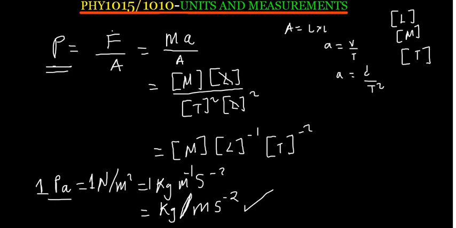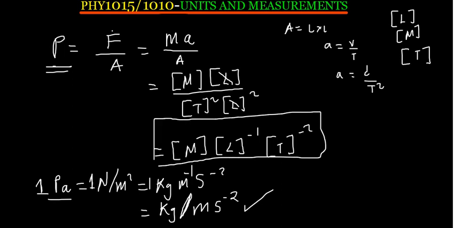Now, from the dimensions that we've determined here, since the dimensions are also able to tell us the unit of something, 1 Pascal, which is the unit for pressure, is going to be equal to the unit given by these dimensions. Mass is given in kg, length in meters, and time in seconds.